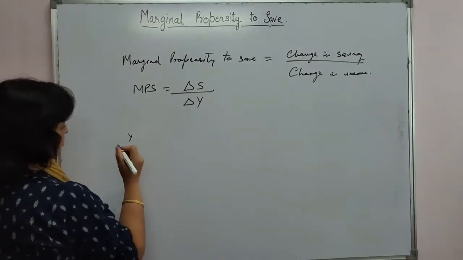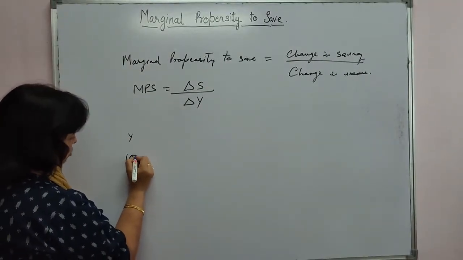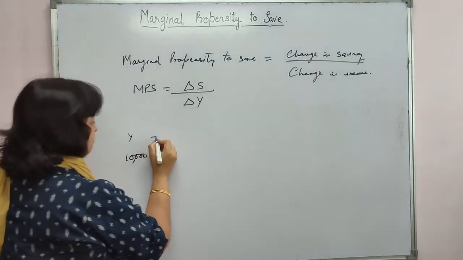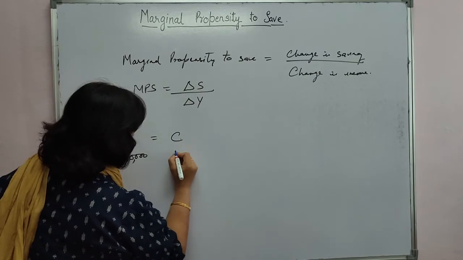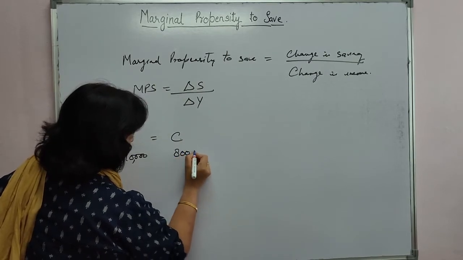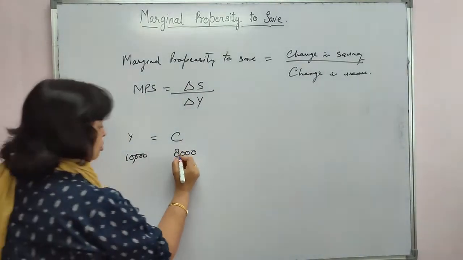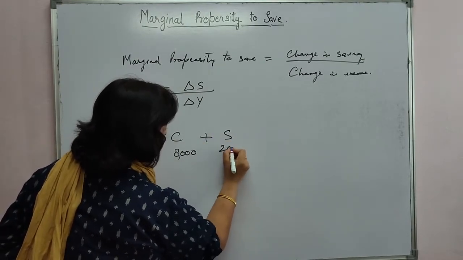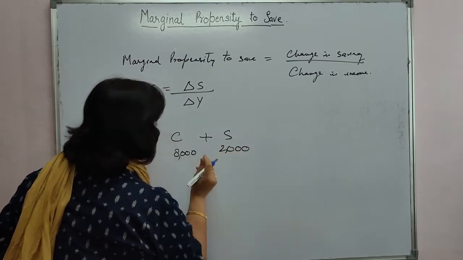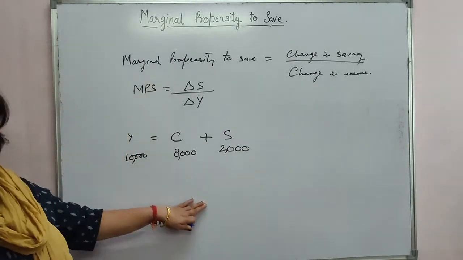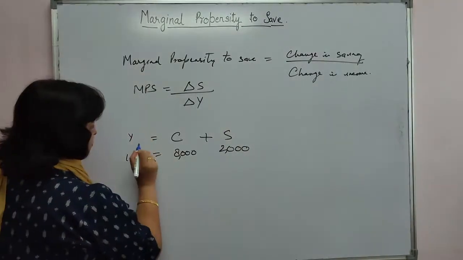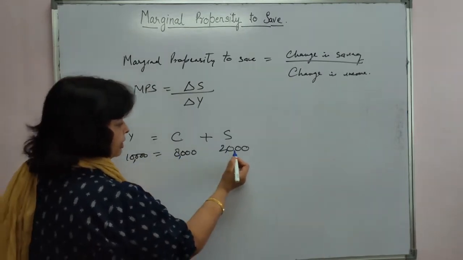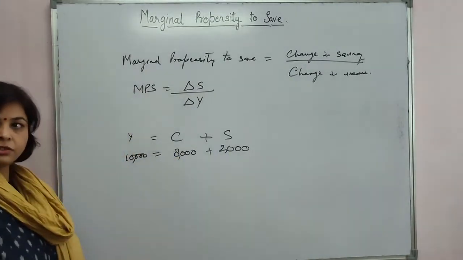Suppose my income is rupees 10,000, out of which I am consuming 8,000 rupees. So I will be left with 2,000 rupees, and my saving is rupees 2,000. We know Y is equal to C plus S, and 10,000 is equal to 8,000 plus 2,000.